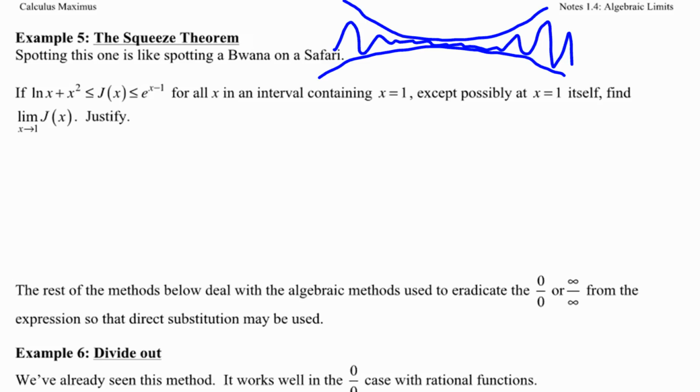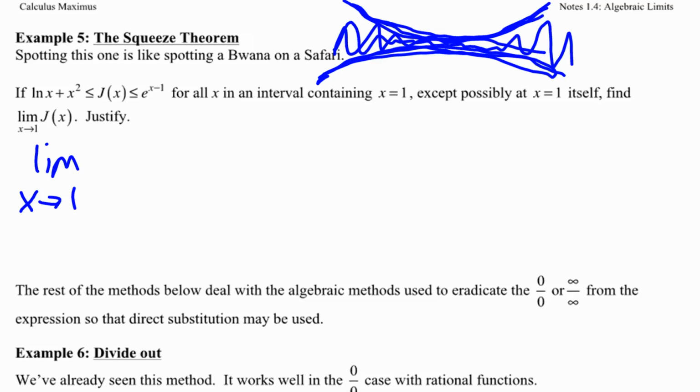So if you have a function on the top, say this function, that's the biggest, and you have a function on the bottom, and that's over here, that's the smallest, then you have some kind of function, this one, squeezed right in between them, or maybe even equal to them. Well, what happens is you take the limit as x approaches 1 of each of the outside functions.